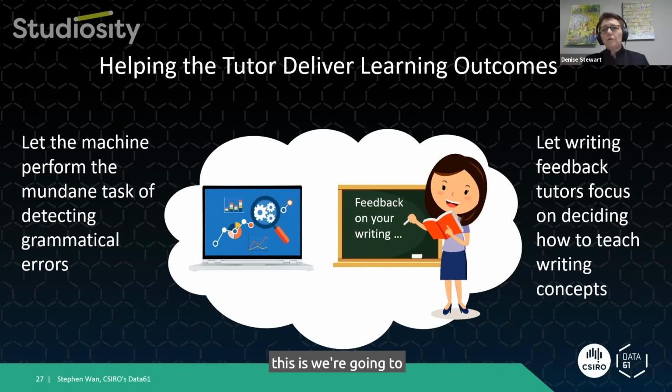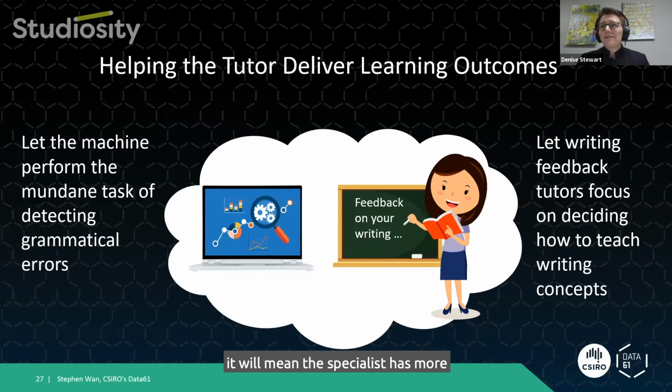So the way that we're going to do this is we're going to take those AI tools and use them to better inform the specialist. So with the time that that specialist has, they are able to go directly to the issue that is most important for that particular student in that particular interaction.